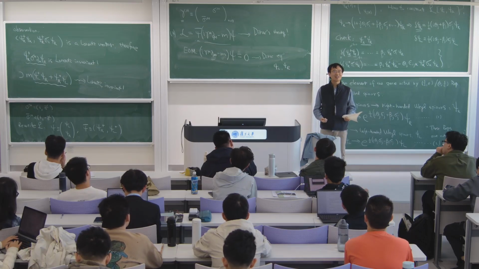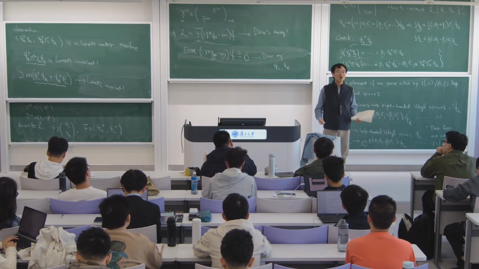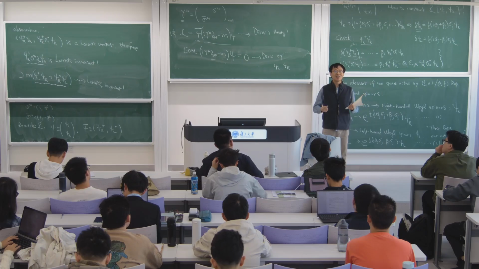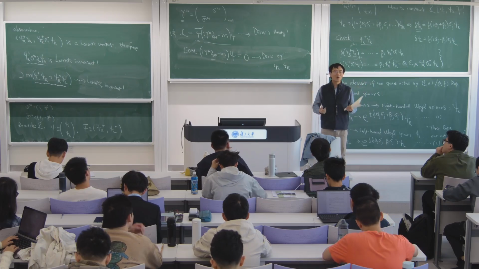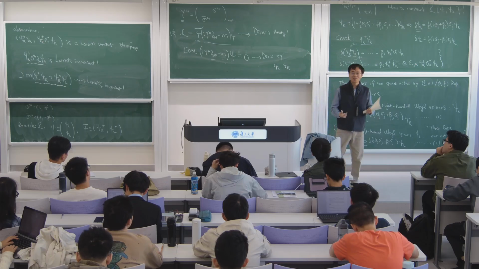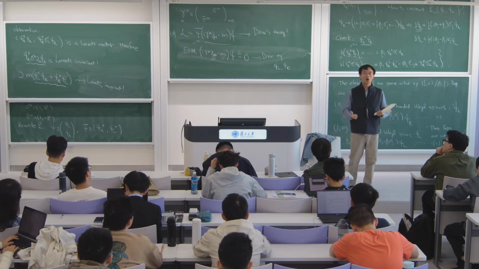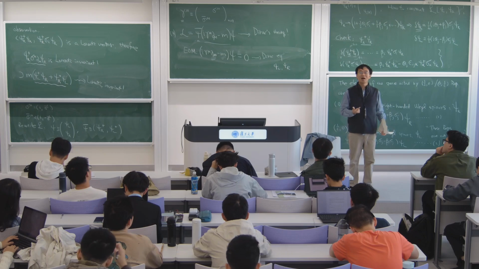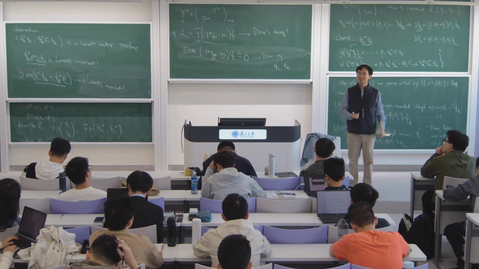Is that clear? So it's not strange at all. It's just that you express the second order differential equation in terms of a first order differential equation, but the payment is that the object, or the variable, becomes a matrix or a vector. That's it.